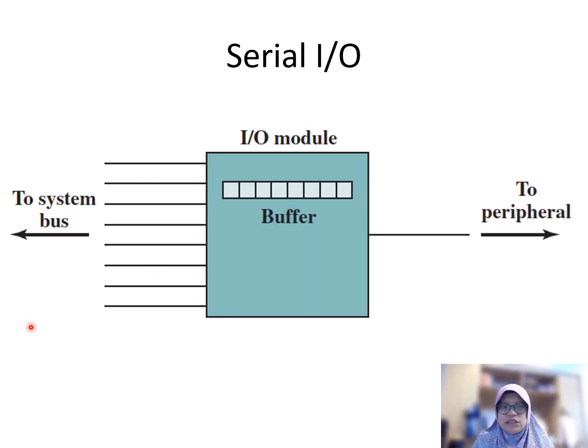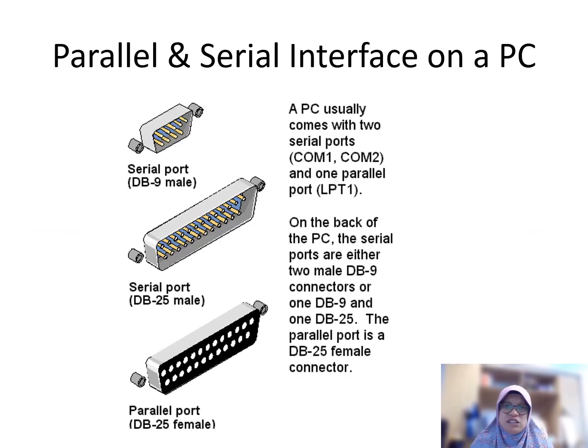This is a serial I/O interface block diagram. It includes multiple lines of input to the I/O module from the system bus, and then to transmit out, it only requires one line. So this is the signature of a serial interface.